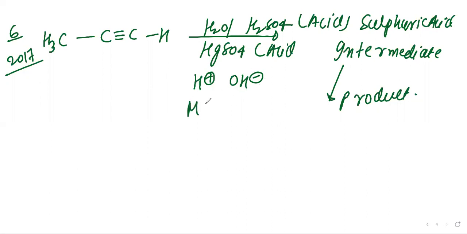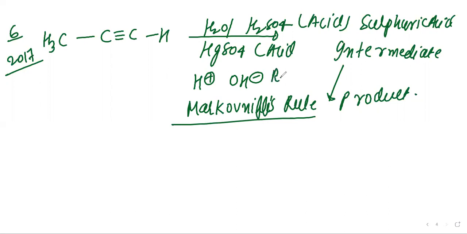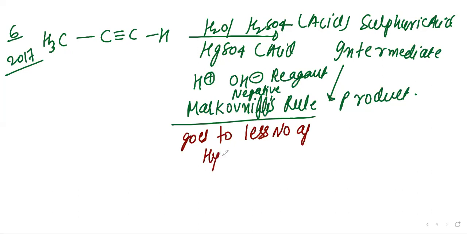So what is Markovnikov's rule? Markovnikov's rule says that this is your reagent's negative part, and the negative part goes to the carbon with less number of hydrogen atoms. So here 3 hydrogen, 0 hydrogen, here 1 hydrogen. So negative will be coming here. Why is it so?